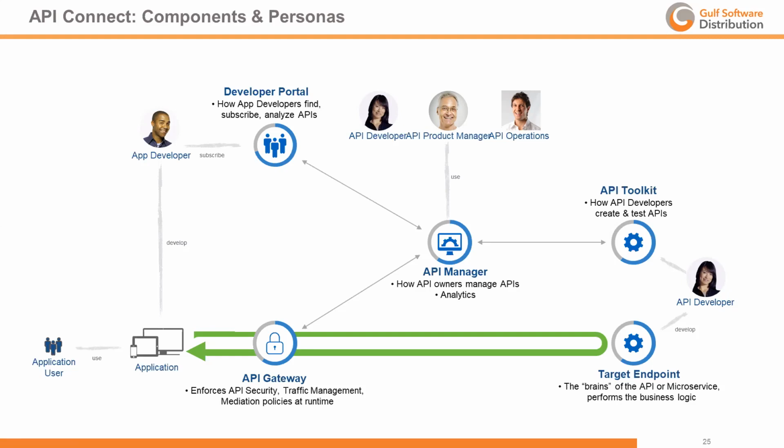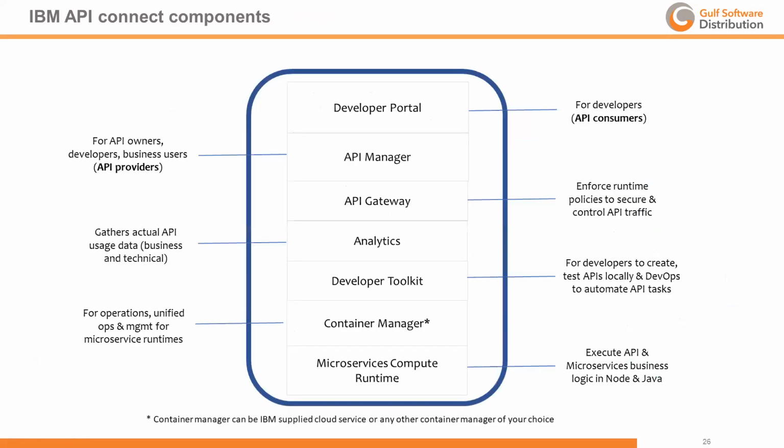And of course, you will have the app developer who needs a developer portal to subscribe to these APIs and to see how much is being used and stuff like that. And of course, there is an API gateway which comes along with the product, which helps you secure the APIs.